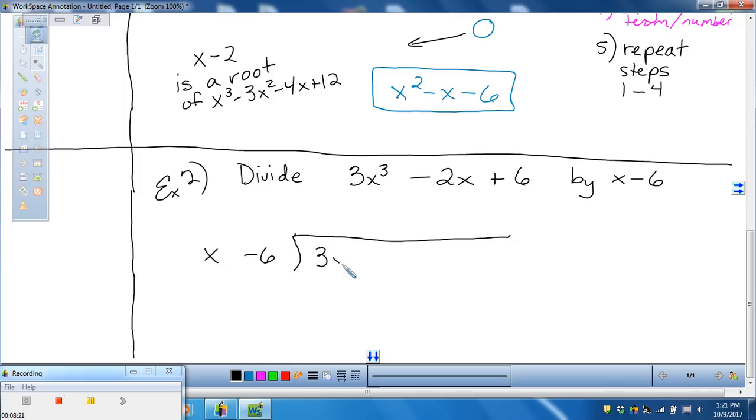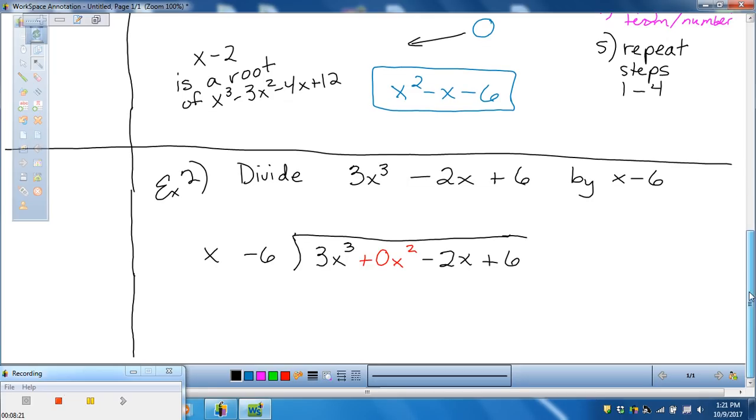Notice that we're missing a term here, the x squared term. So I'm going to fill it in with a 0x squared to hold that space open, and then I'm going to write the rest of it.